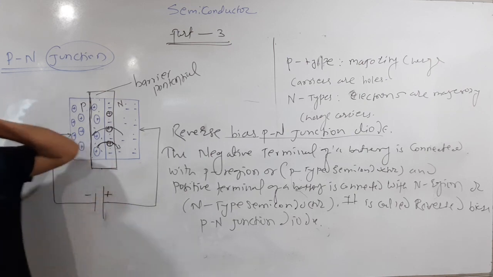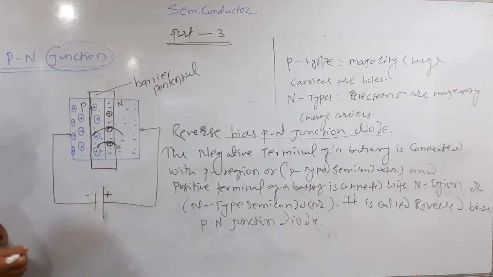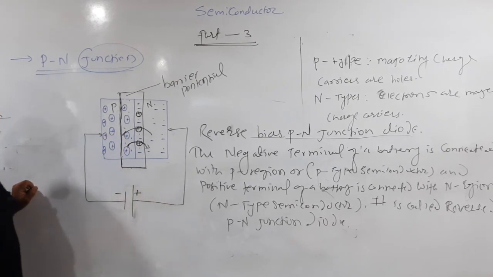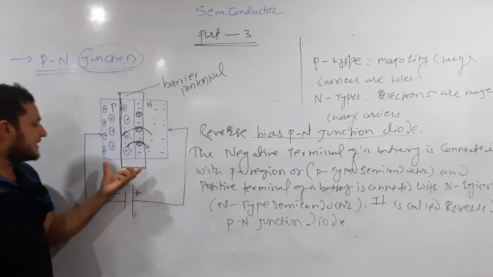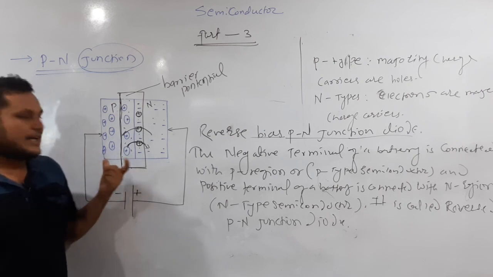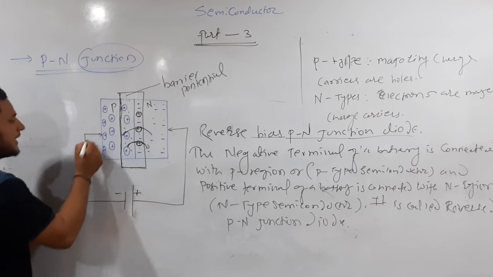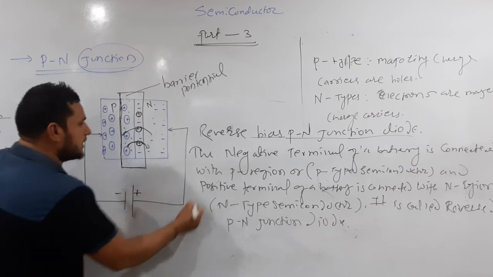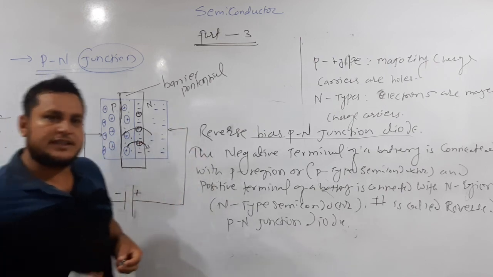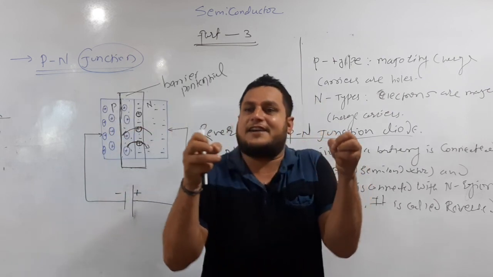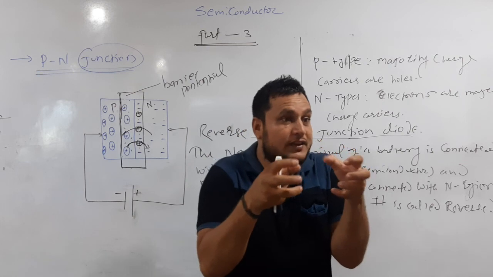Now here see the effect of reverse connection in a reverse bias PN junction diode, how it affects the depletion layer. Here what happened? The negative terminal of the battery is connected with the P region and the positive terminal of the battery with the N region, they create a force of attraction.